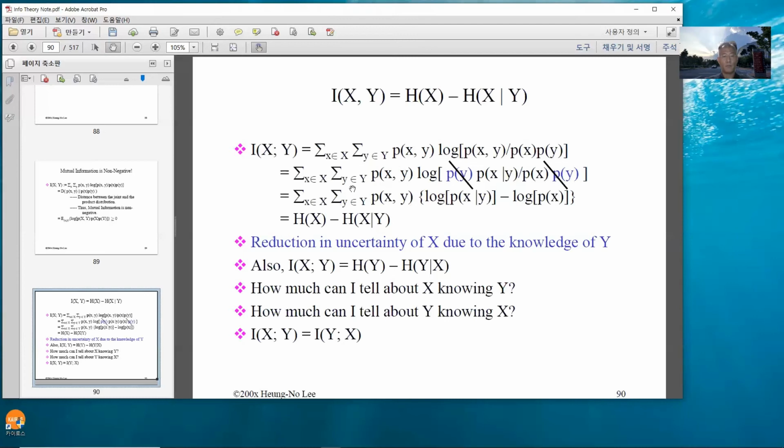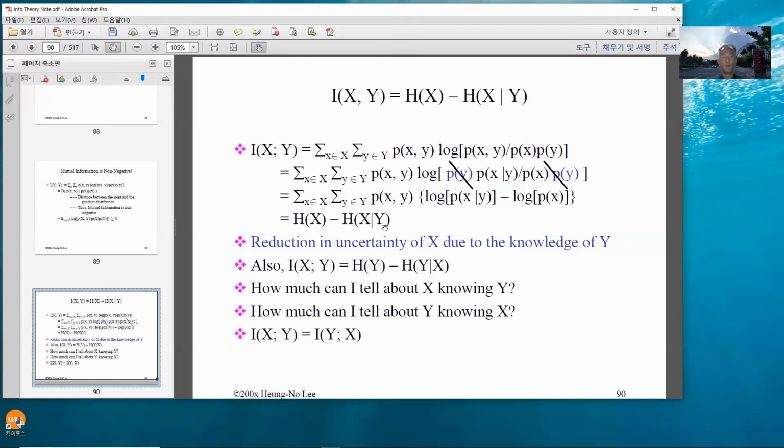Basically, if you take the summation over all y, this becomes p of y, p of x. So that is giving rise to entropy of X. So I(X;Y), mutual information of X and Y, is equal to entropy of X minus entropy of X given Y.